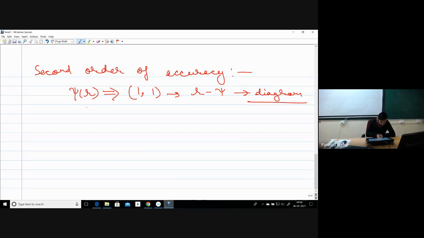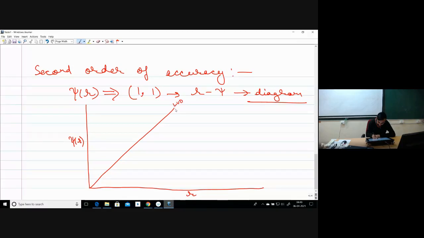Now let us see what will be happening. If I talk about the linear upwind differencing scheme, having equation psi(r) = r, that will always pass through point (1, 1). To ensure stability, the limiting condition was psi(r) = 2r.